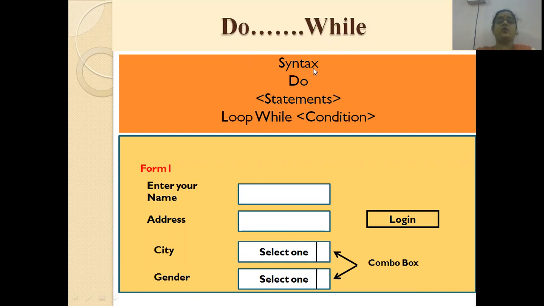The syntax for do while is: do, then the statement which you want to execute in your application, then loop. You have to write the loop keyword here before checking the while condition, then while and then the condition.